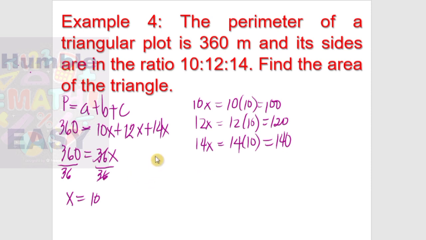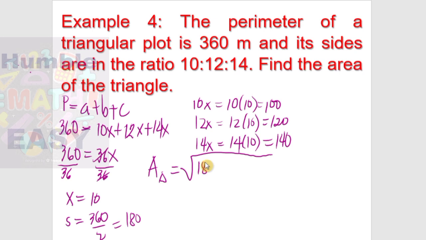So using Heron's formula for us to get the area of a triangle, the semi-perimeter, by the way, is 360 divided by 2, and that is 180.